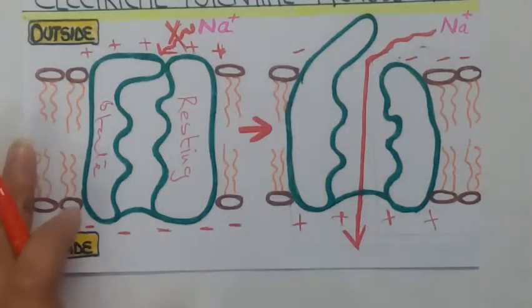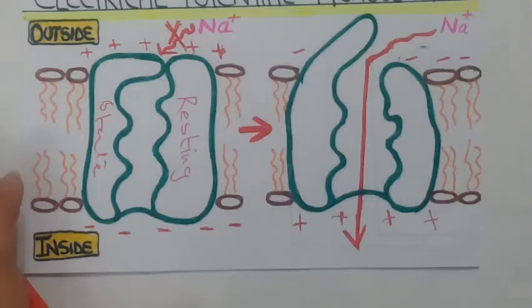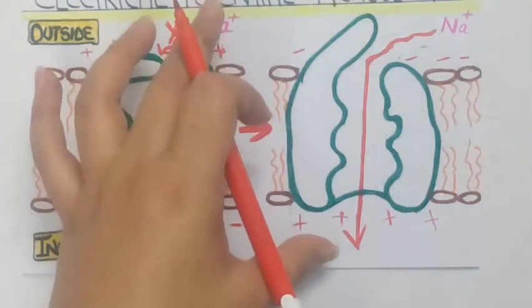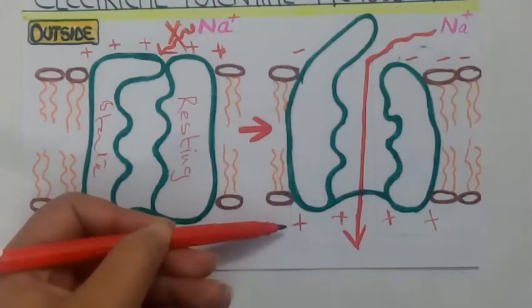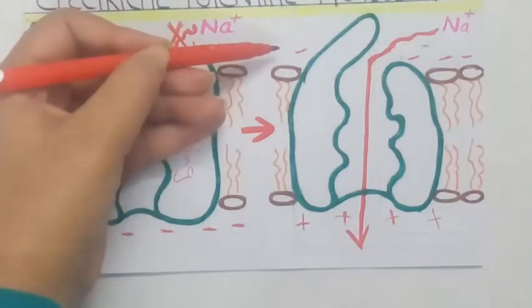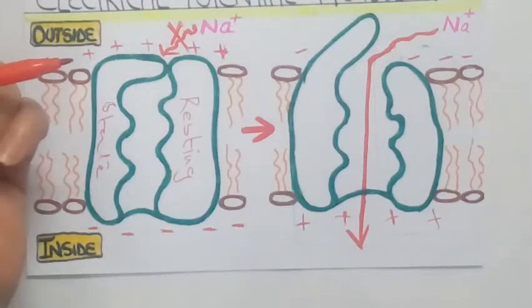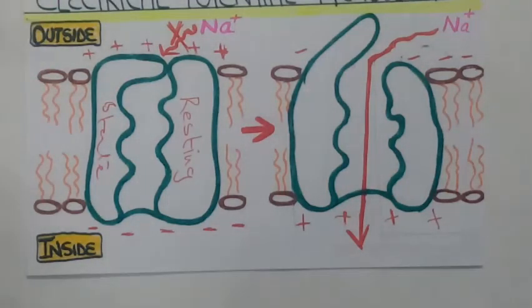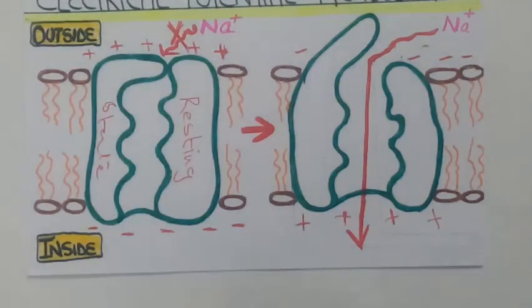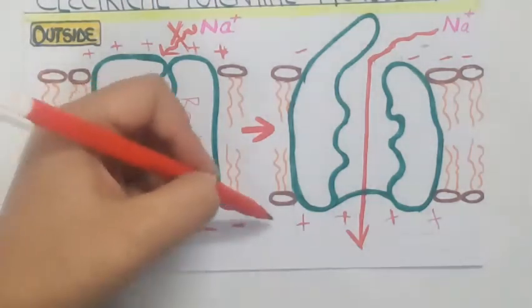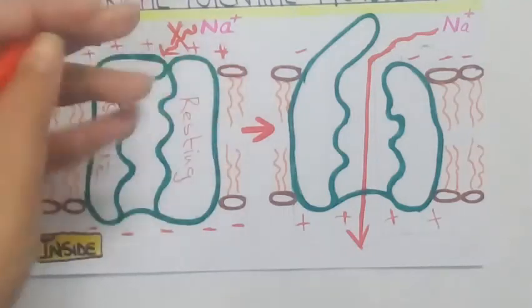But on arrival of a stimulus, depolarization occurs. A potential difference is created across the membrane, and we get more positive charges on the inside and more negative charges on the outside of the cell membrane. It's a very basic concept in physics that when we have charges, there will be an electric field associated with them, and that electric field runs from positive towards negative.